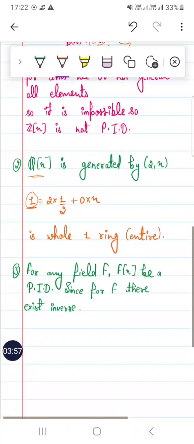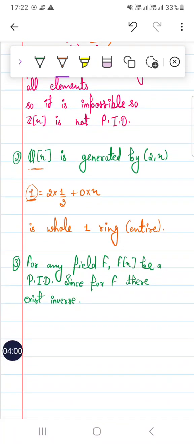Now the second example: Q[x], generated by 2 and x, is a principal ideal domain. Let us see how <2, x> is principal in Q[x]. In Q[x] we take 2 and x, and it gives the whole ring.